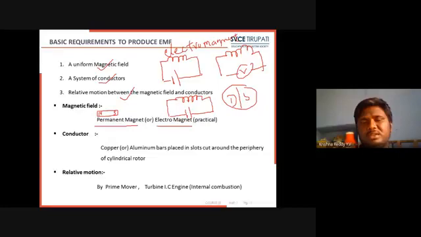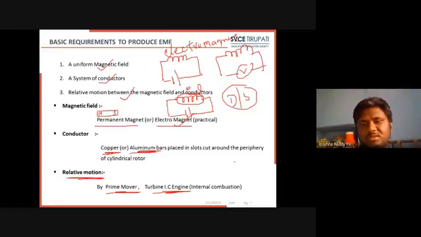When supply is given to this field winding, it becomes an electromagnet. Conductors may be copper conductors or aluminum conductors. The relative motion can be provided with the help of a prime mover, such as a turbine or IC engine.